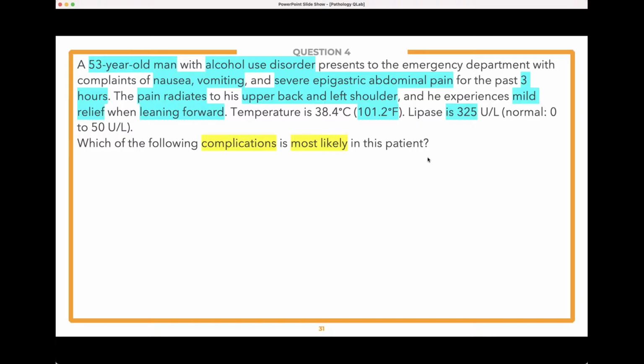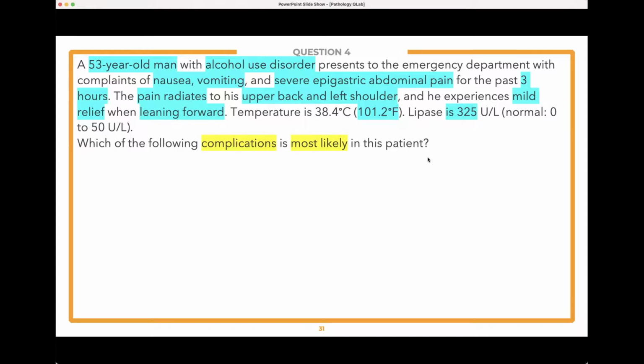We're told this is a 53-year-old man, and right off the bat, they're telling us that he's got alcohol use disorder. Okay. So obviously a very important clue, a very high likelihood that could be playing a role in this question. Okay. Now they tell us why he's coming in: nausea, vomiting, and abdominal pain. They also tell us it's very acute, 3 hours.